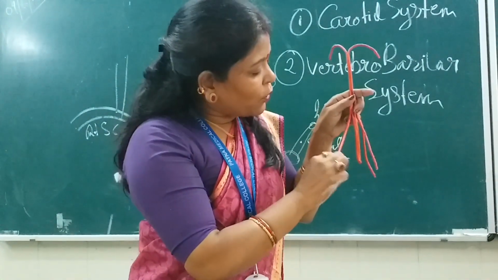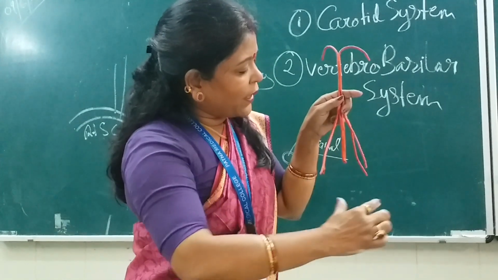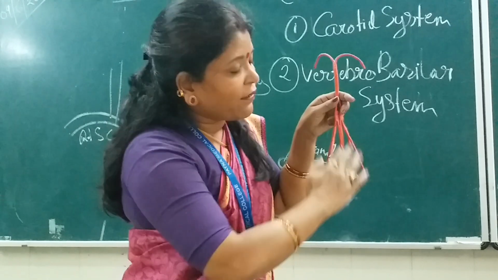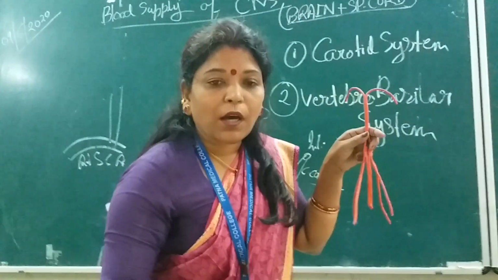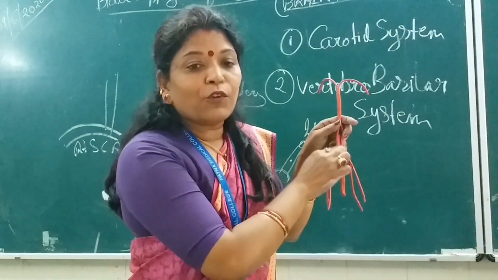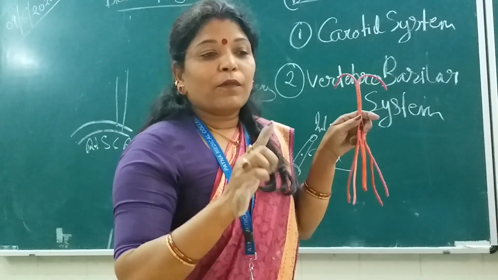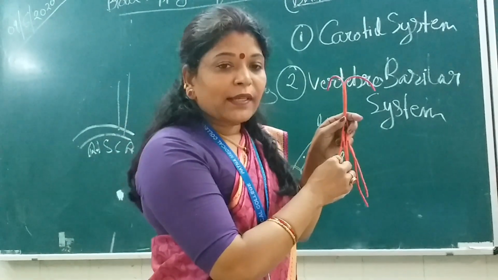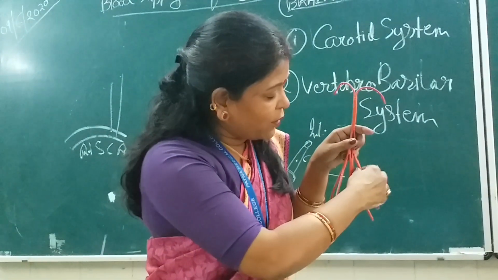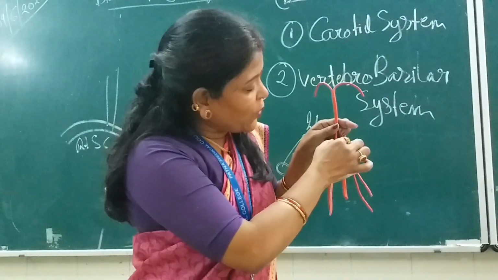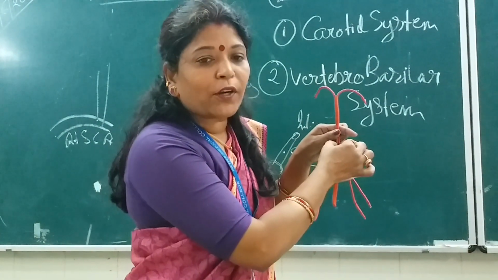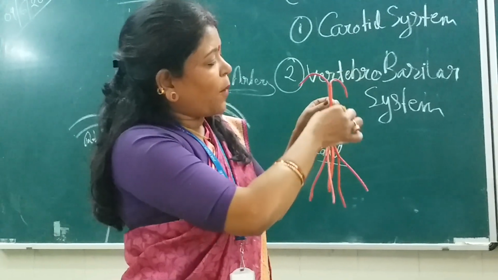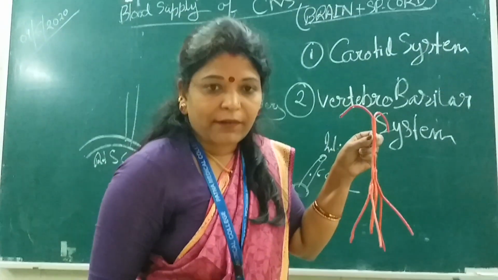Yes or no? So this vertebral artery in pairs runs anteromedially on which surface? On the ventral surface of what? Medulla oblongata. Up to which part? This vertebral artery runs over the anterolateral surface of the medulla oblongata and unites in the midline at the lower border of the pons to form a common artery that is known as the basilar artery, isn't it?